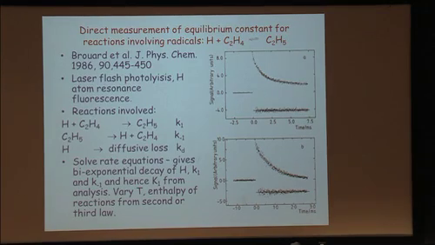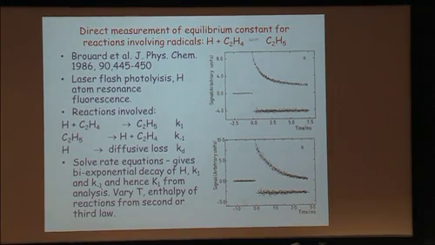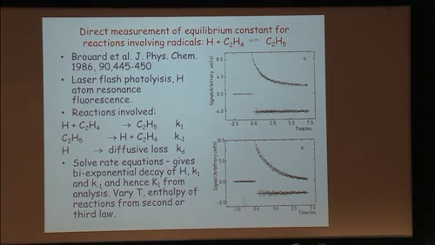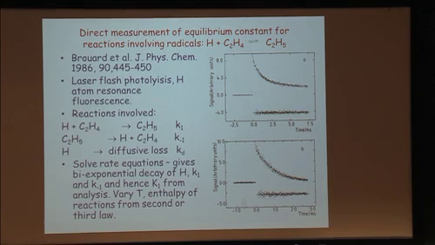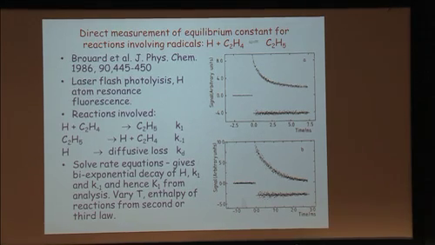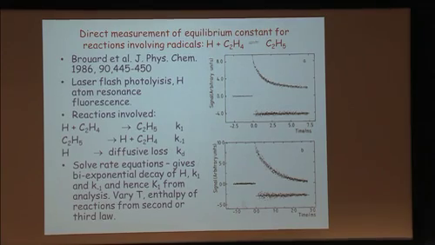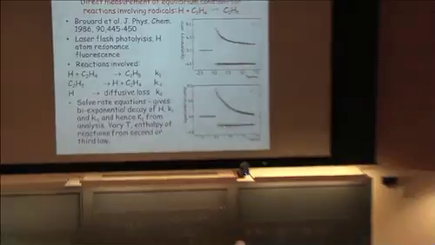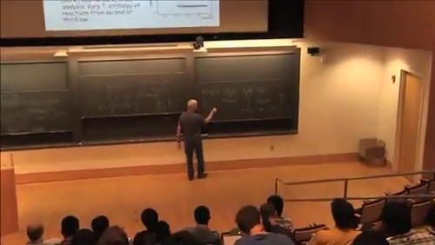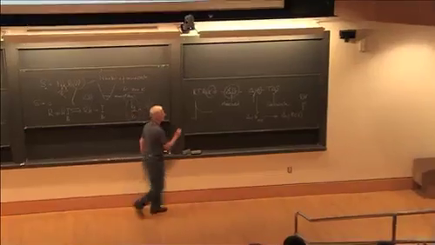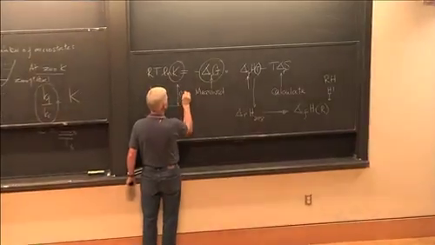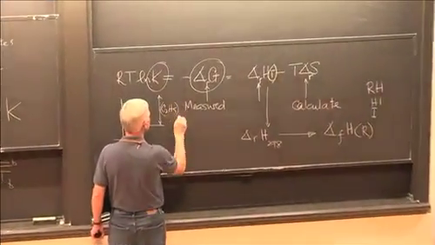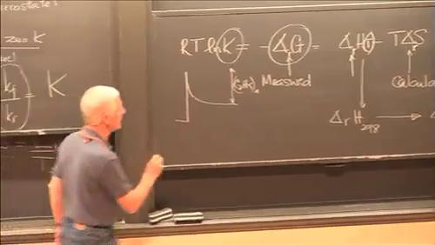If it was simple and straightforward, then what would happen, let me draw it out again. So we produce the hydrogen atom, and it decays away to a non-zero value. And if it were as simple as that, then that would correspond to C2H5 at equilibrium.